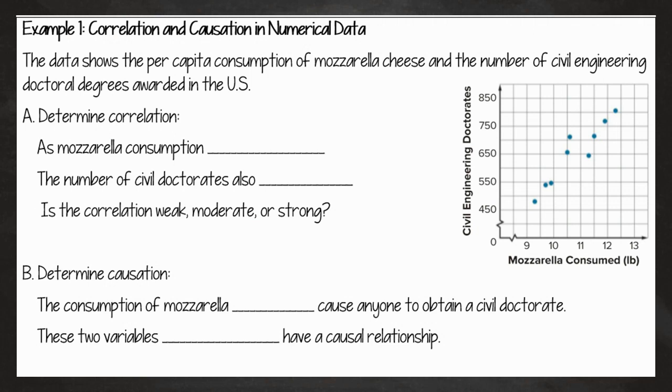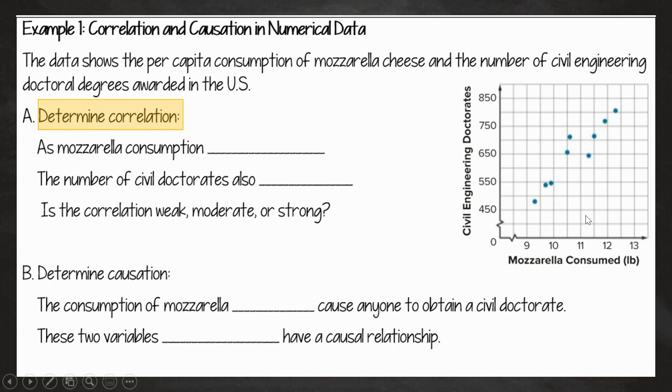In example 1, the data shows per capita consumption of mozzarella cheese and the number of civil engineering doctoral degrees awarded in the US. Looking at this graph, on my y-axis I have civil engineering doctorates, and on my x-axis I have mozzarella cheese consumed in pounds. Looking at this data, it looks like it's correlated.